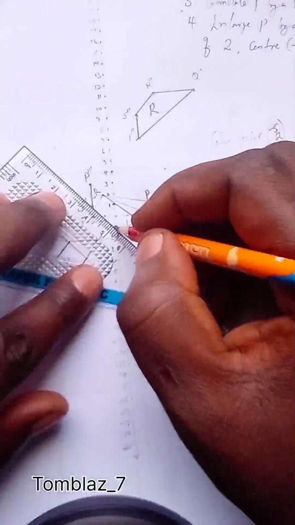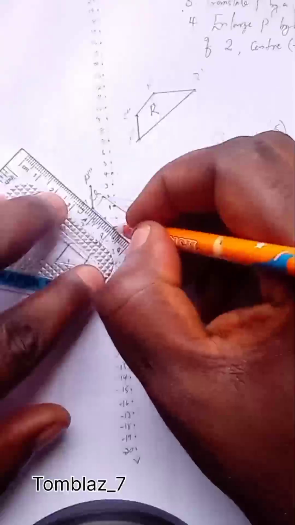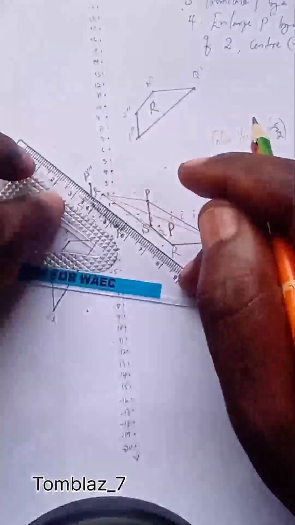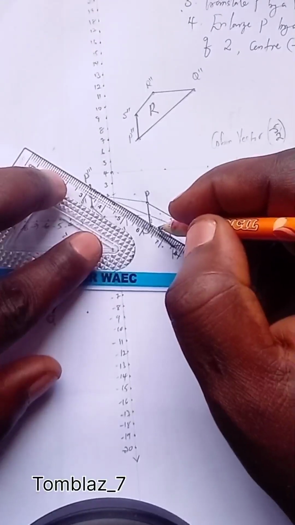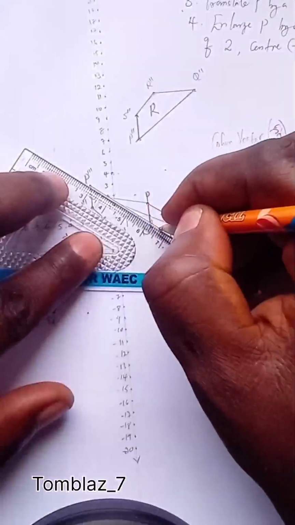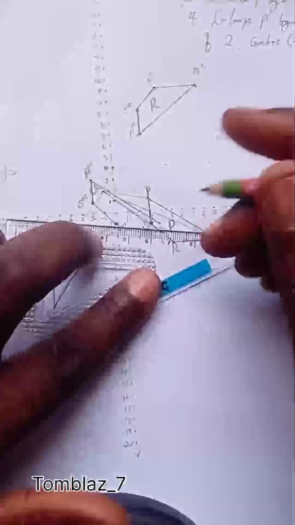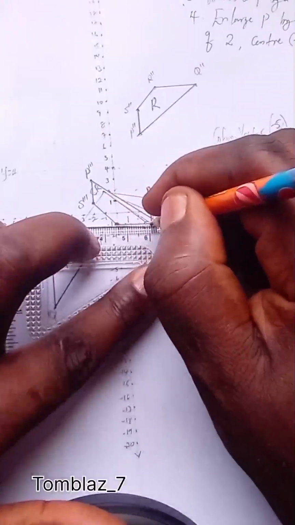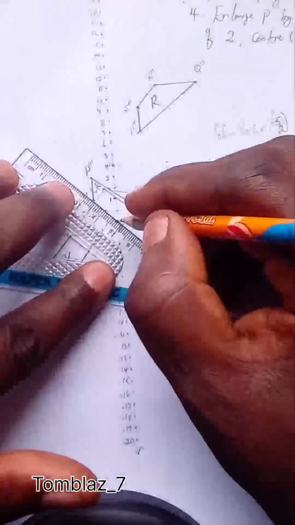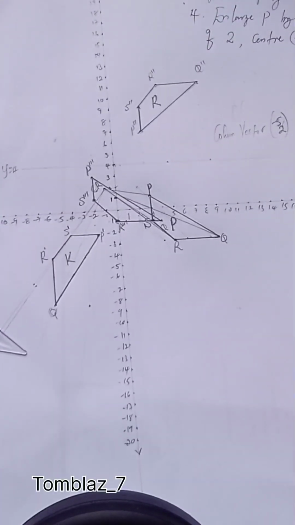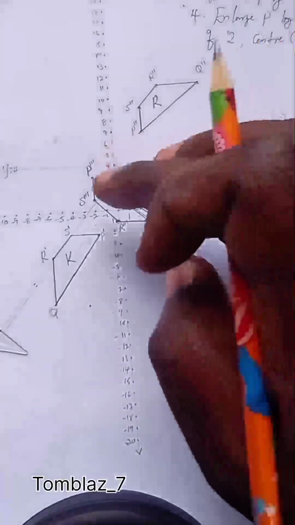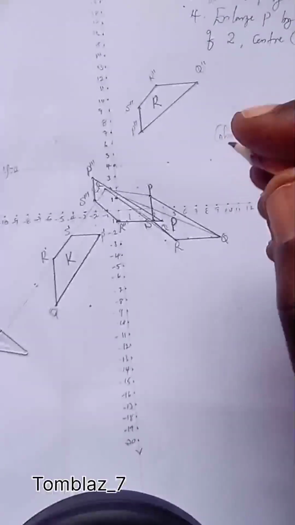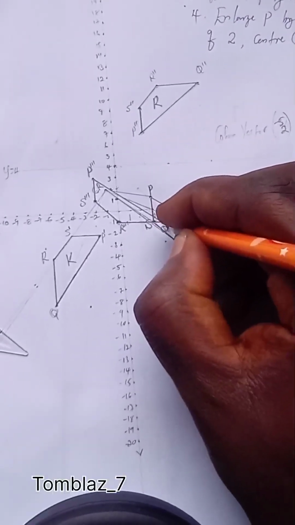This point to this point, and then this point to this point, and then this point to this point, this point to this point. So this is the new shape. And then did they ask us to call it anything? No. So this is the new shape. The translation of this is this, right? This is q prime prime prime.